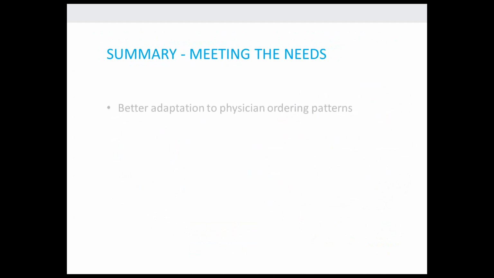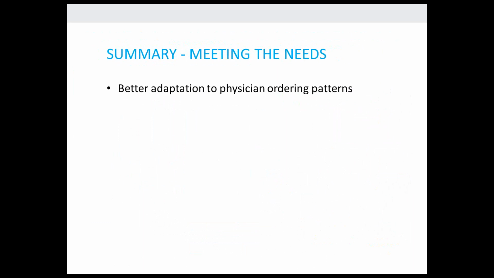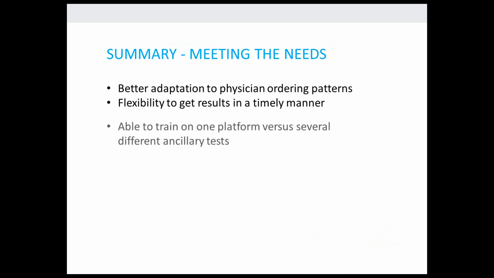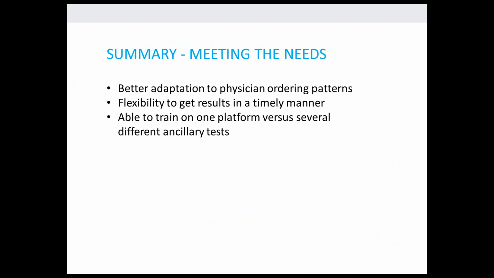So in summary, some of the things is that we have better adaptation to our physician ordering patterns. We have the flexibility to get results in a timely manner. We're able to train on one platform instead of several different ancillary tests, and that helps a lot with our quality control, purchasing, and monitoring.